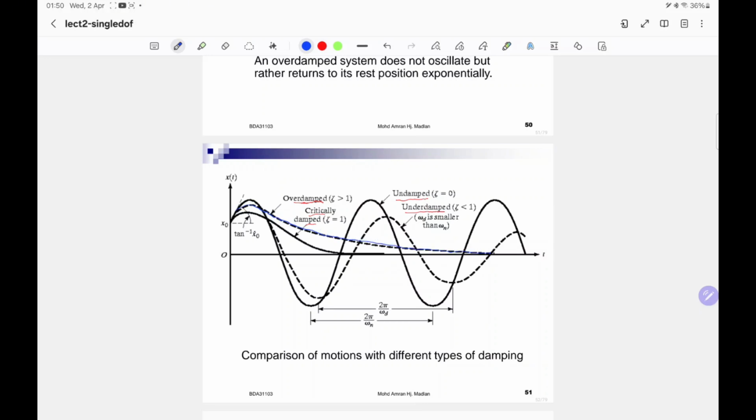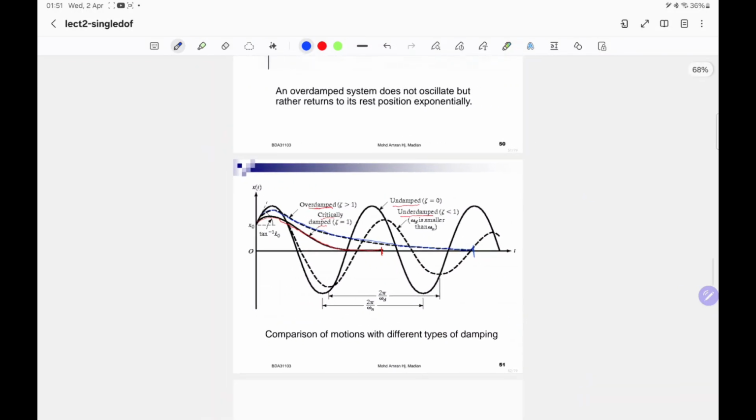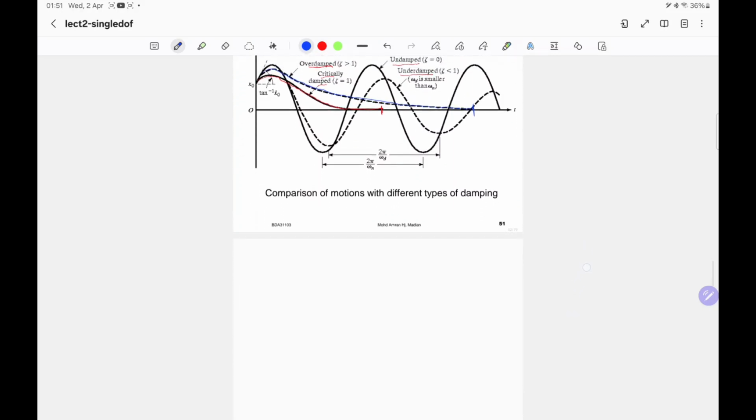If I trace it with blue, the highest effect is critically damped. You can see that critically damped and overdamped both don't oscillate, as compared to undamped and underdamped, but critically damped takes a shorter time to die out than overdamped. So these are the comparisons between undamped, underdamped, overdamped and critically damped.